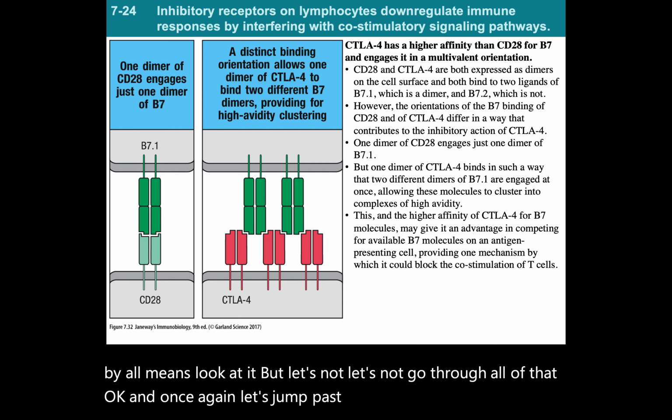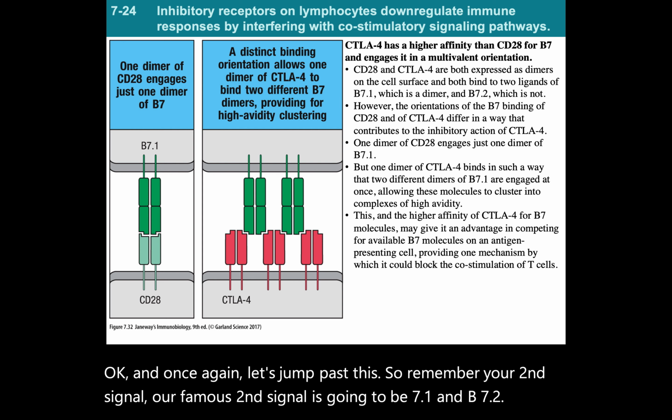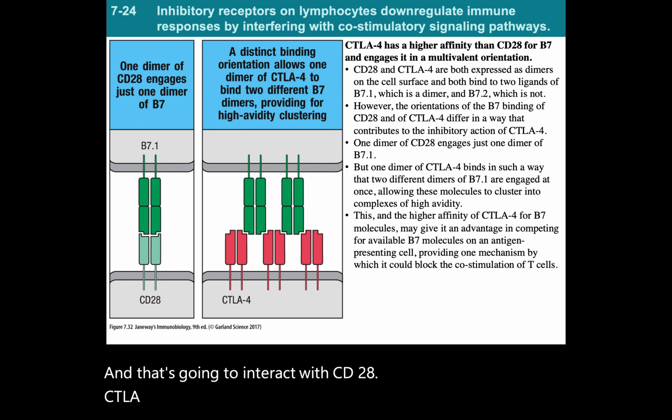So remember your second signal. Our famous second signal is going to be B7.1 and B7.2, and that's going to interact with CD28. CTLA4 is another protein that is actually better able to bind B7 than CD28 was.